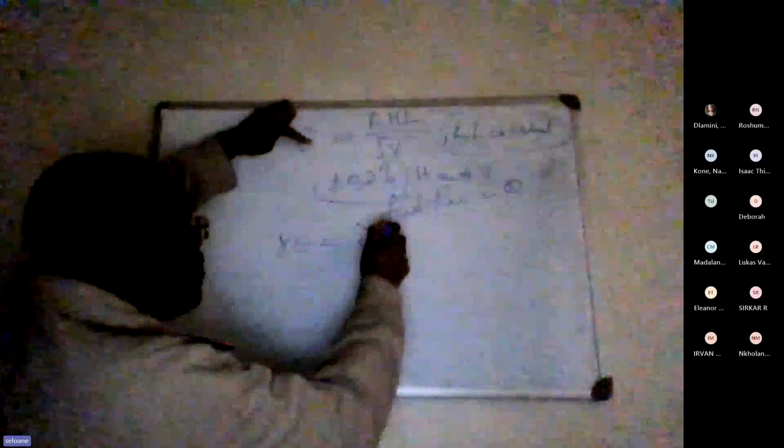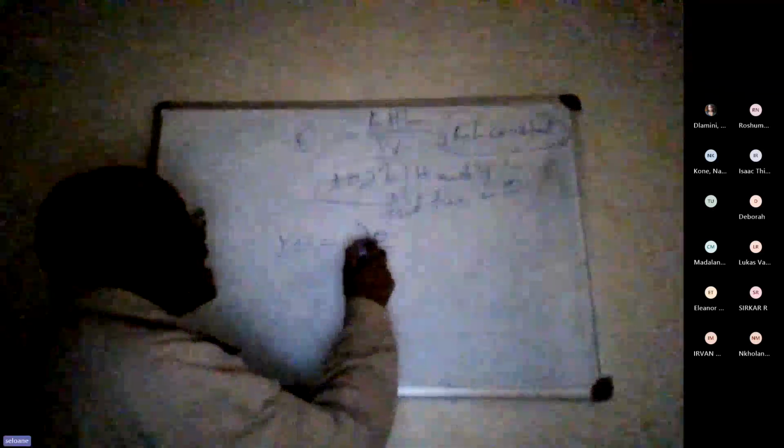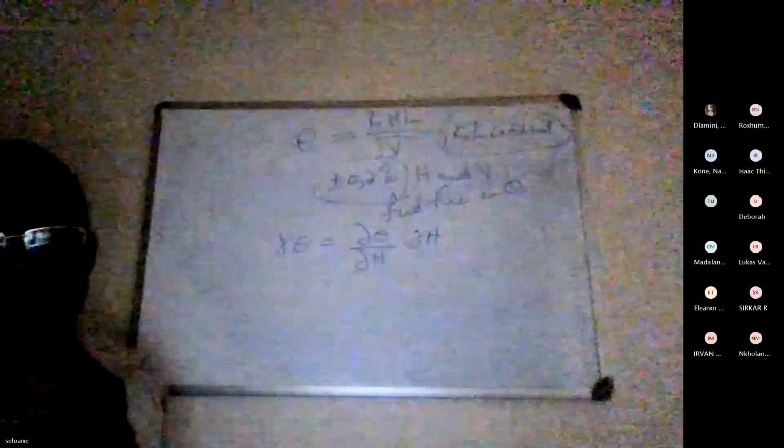Now, the change in theta, that is delta theta, will be given by the partial derivative of theta with respect to one variable, let's say with respect to H, multiplied by the error in H. Plus the partial derivative of theta with respect to the next variable.